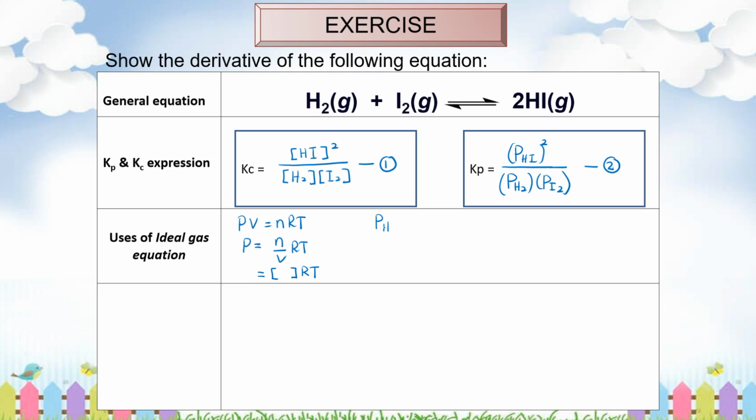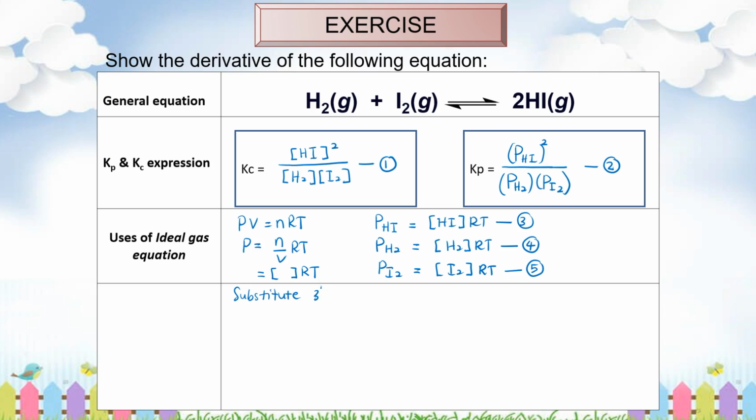The partial pressure of HI is the concentration of HI times RT, number 3. The partial pressure of H2 is the concentration of H2 times RT, number 4. The partial pressure of I2 is the concentration of I2 times RT, number 5. Next, substitute 3, 4, 5 into 2.